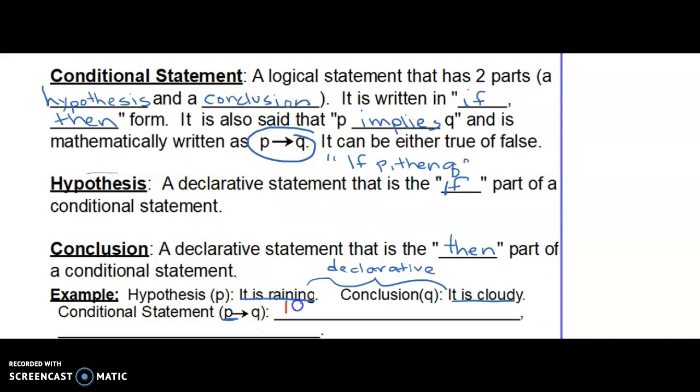So I would say, if it is raining, comma, so if it is raining, that's my P, implies Q, so here's my Q, it is cloudy, so if it is raining, then it is cloudy.